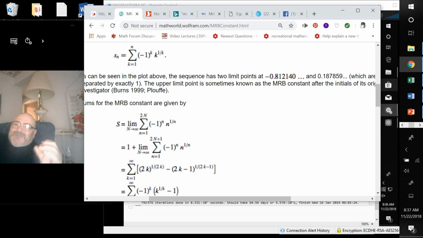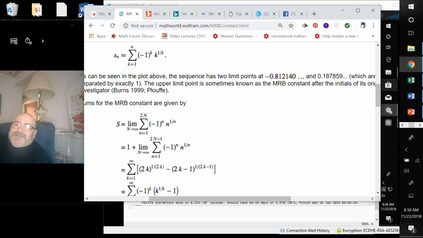And we also had 2 plus 4 plus 6, 2 to the power of 1 over 2 plus 4 to the power of 1 over 4. By the way, 4 to the 1 over 4 is the same thing as 2 to the 1 over 2. But I regress. Plus 6 to the power of 1 over 6 plus 8 to the power of 1 over 8.